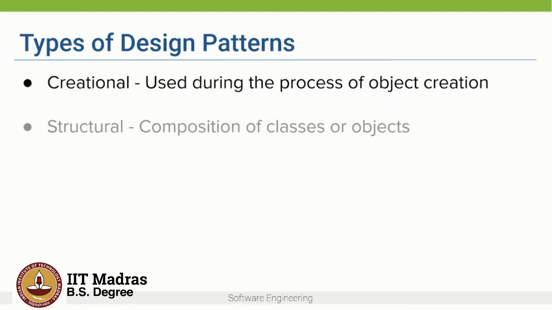Another type of design pattern is known as the structural design pattern. Structural design patterns explain how we can assemble objects and classes into larger structures, again with the aim of making our code more flexible and efficient.